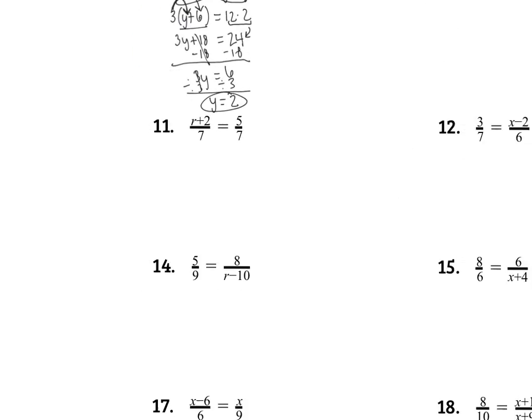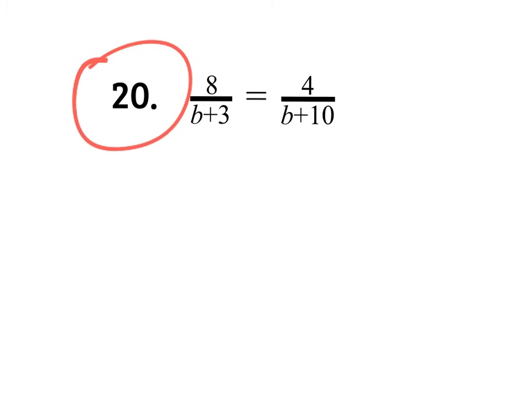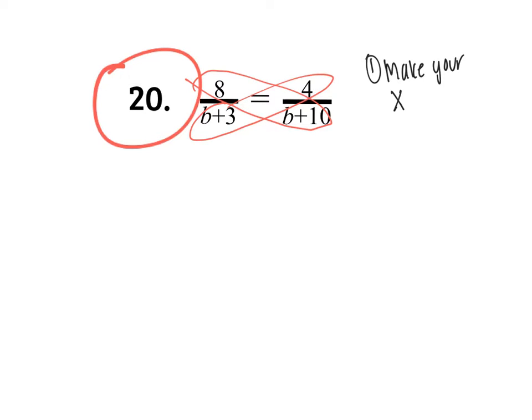So now we're going to look at number 20. This one is a little more complex because there's 2 places with variables, which is why I'm doing this one with you as well. So very first thing is just circle the things you're going to multiply. So make your cross. Okay, so step 1 is going to be make your X or cross.